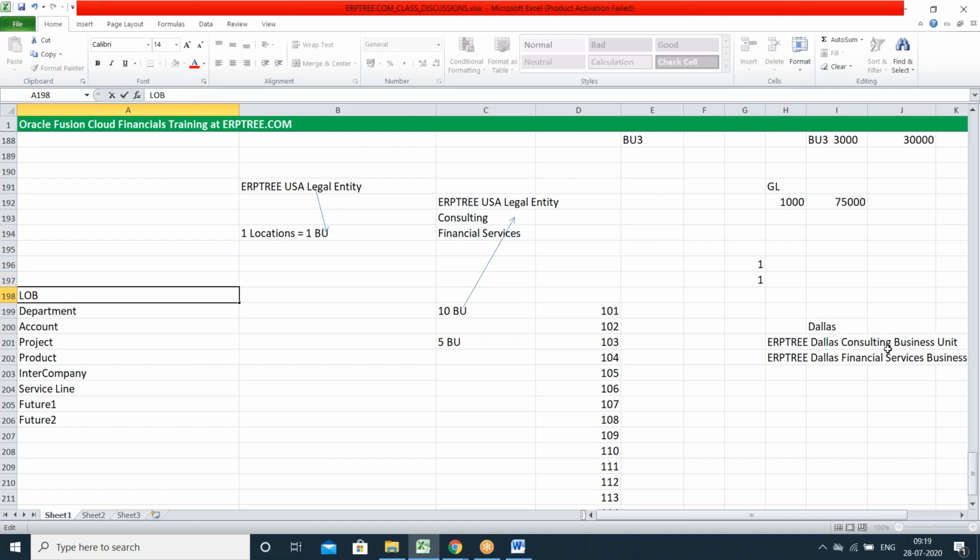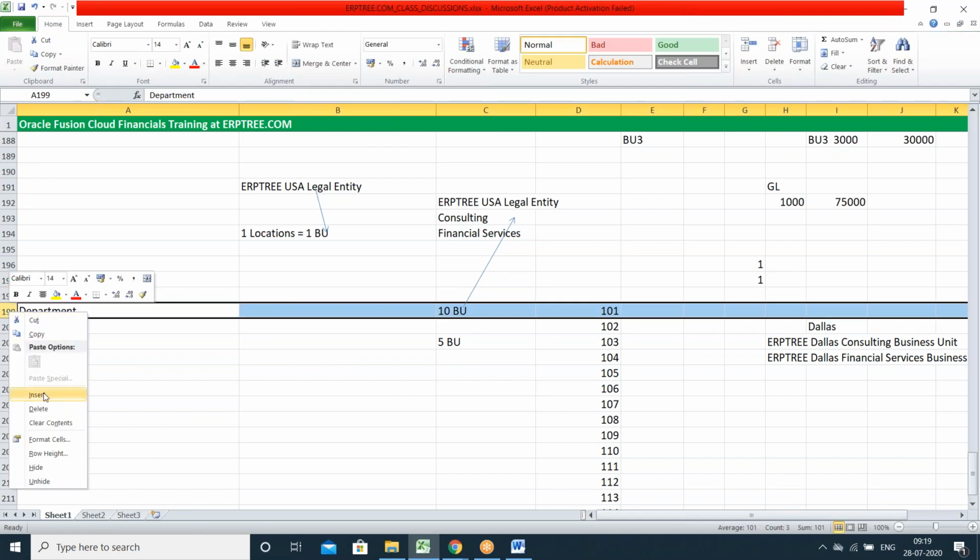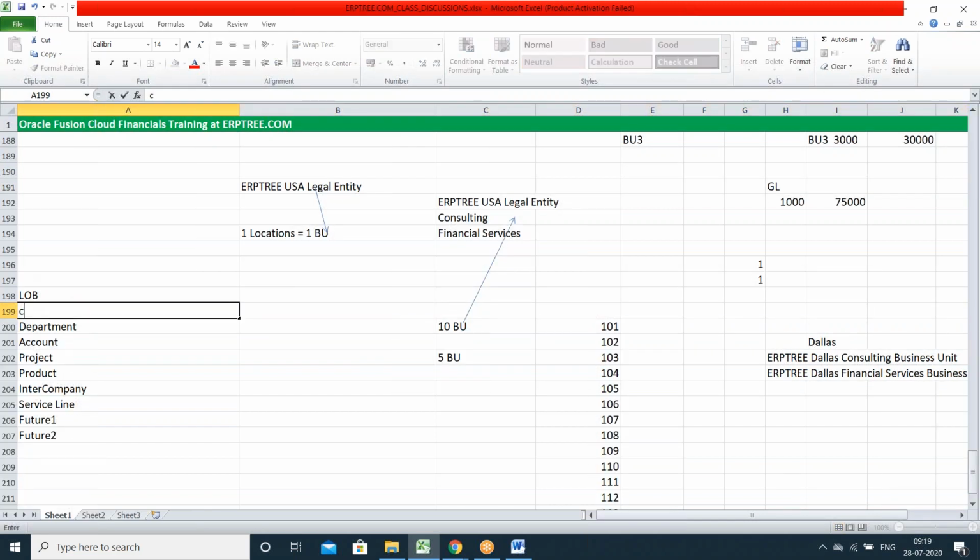In that case, you can take consulting and financial services. And you can have one more segment called company. Here company means with the consulting, you have a business in 10 locations. With financial services you have 10 locations, total 20. Here you will create 20 business units in the system. Here you will create 20 companies.